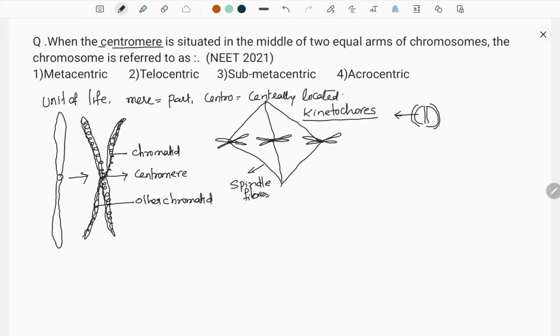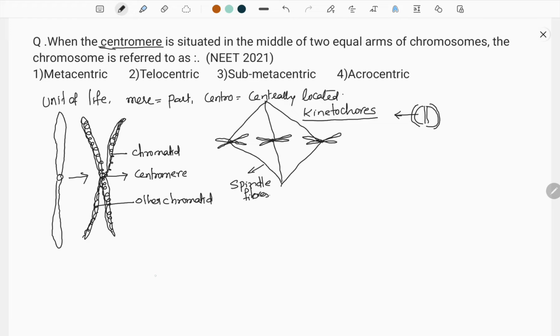Now let us see the question here, that is the location of centromere. Centromere location is not the same in all chromosomes. It varies to some extent from one type of chromosome to the other. Accordingly, we classify chromosomes into four types.